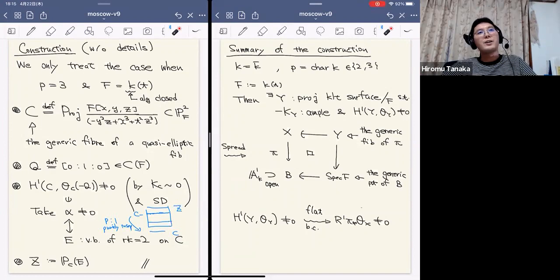What I have considered is to take some compactification and running the minimal model program, but I do not see whether it can be doable or not. So yeah, I do not know. Thanks.